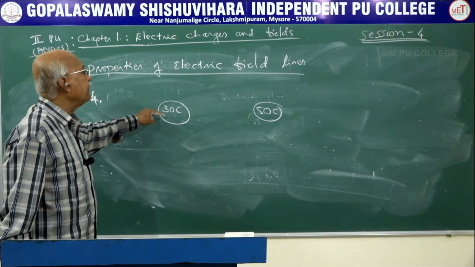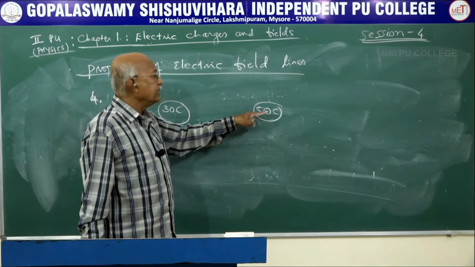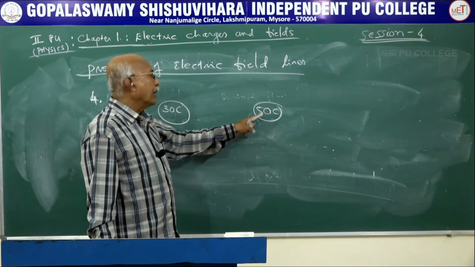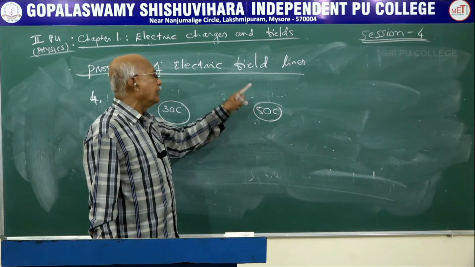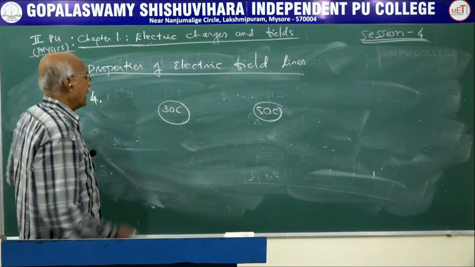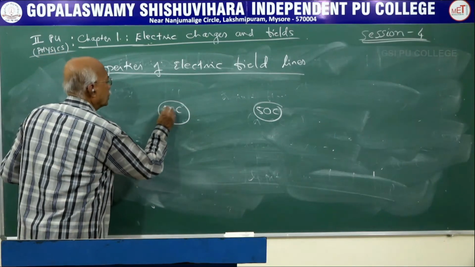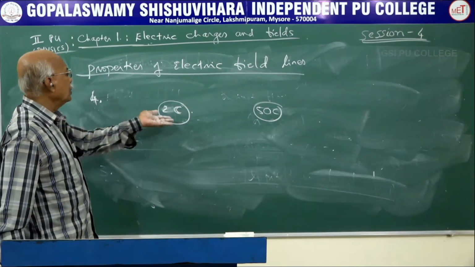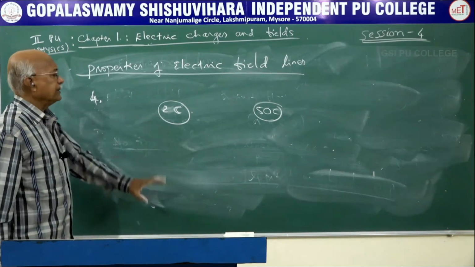Here in this case it is weak, and in this case it is strong. A strong electric field is possible only when the amount of charge is more. The electric field will be weak if instead of 30 you have 2 coulomb of charge. In such cases, the electric field produced due to the 2 coulomb charge will be less, and here it will be more.